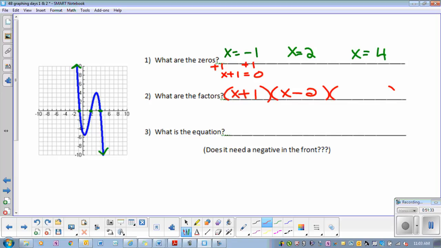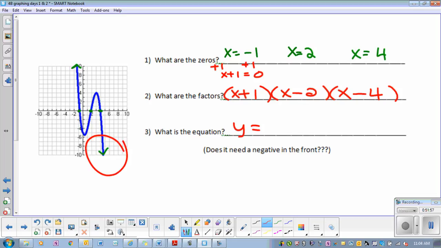And then that 4 would be what? X minus 4. And then what is the equation? Well, y equals, and you know what? I'm going to check and see if I need a negative in the front. Which arm am I looking at? Left or right? Right.